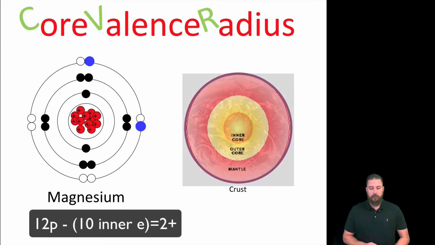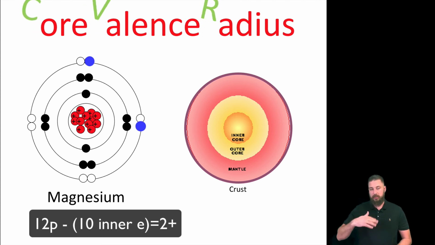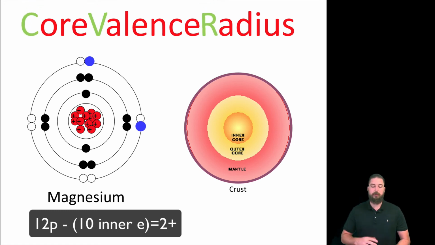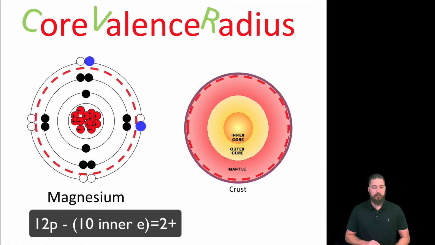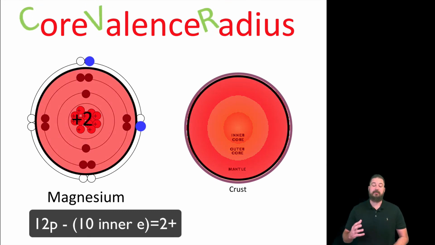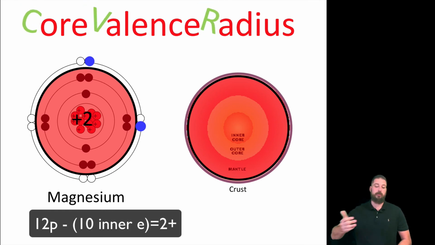And so you've got your outermost energy level, you've got your inner electrons. Those inner electrons block the nucleus, and so the effective charge that those outer electrons experience is less. And so you can see there's a nice little divide there, and the nucleus has a 2+ charge that the outer electrons experience.